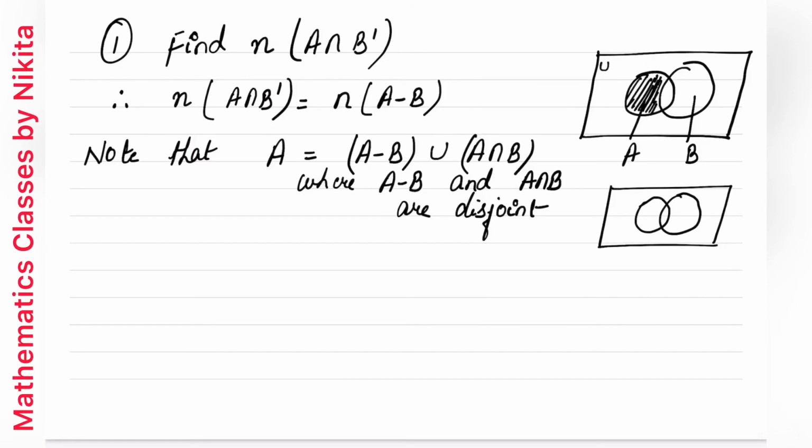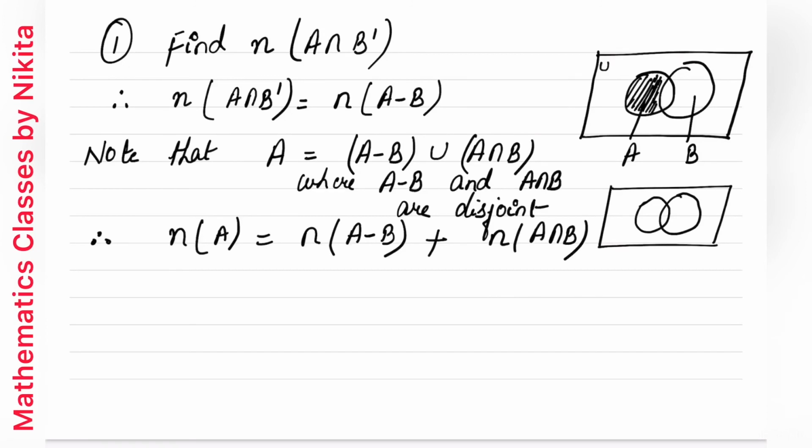So therefore, by formula 1, the number of elements in A is equal to the number of elements in A minus B plus the number of elements in A intersection B. And from here you can find the number of elements in A minus B.